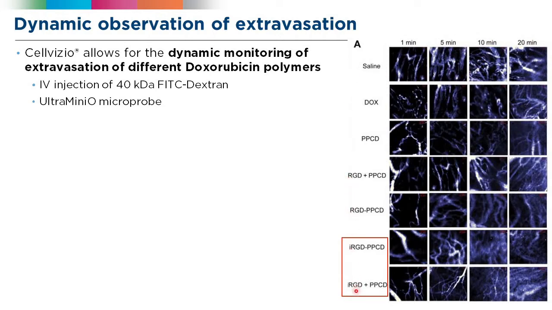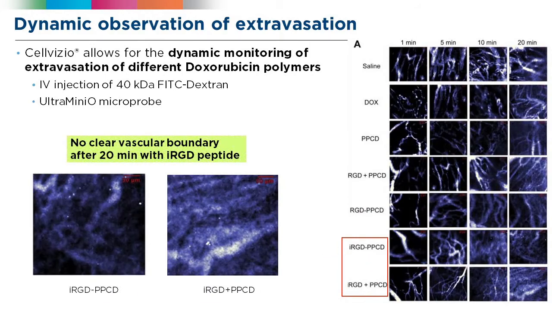Different treatments were administered: just the control, saline, doxorubicin itself, the doxorubicin polymer, the doxorubicin polymer co-administered with the RGD peptide, or the doxorubicin coupled to the RGD peptide, and the same for IRGD peptide. And what can be seen is that after 20 minutes, the boundaries of the vasculature cannot be clearly distinguished when IRGD peptide is used.